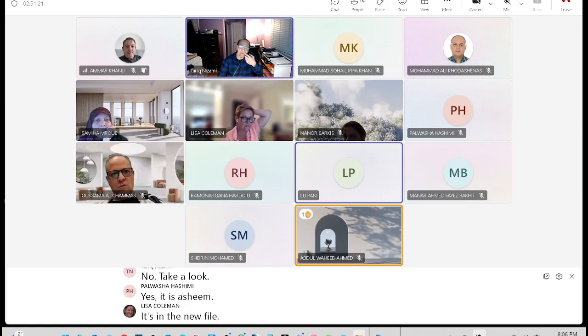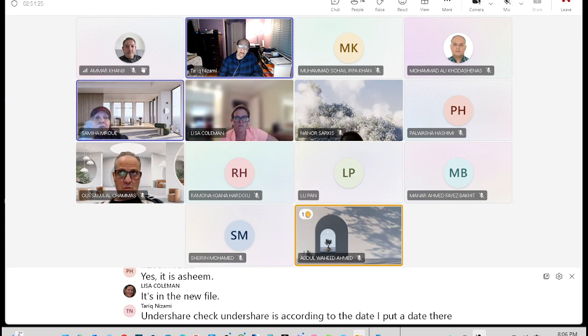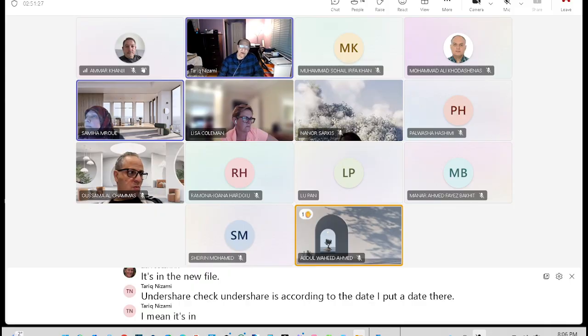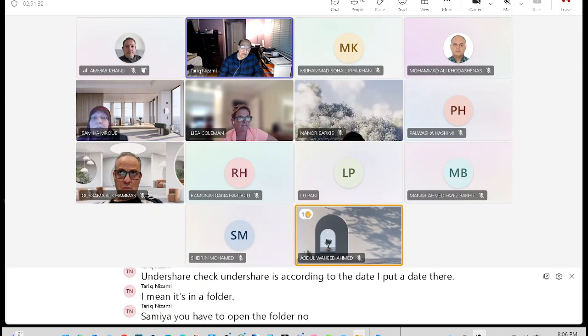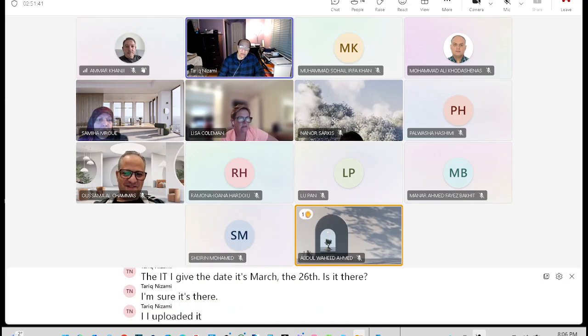Check under shared. It's according to the date. I put a date there, it's in a folder. Samia, you have to open the folder, no? I gave the date, it's March the 26th. Is it there? I'm sure it's there. I uploaded it. Okay, I'm going to check.